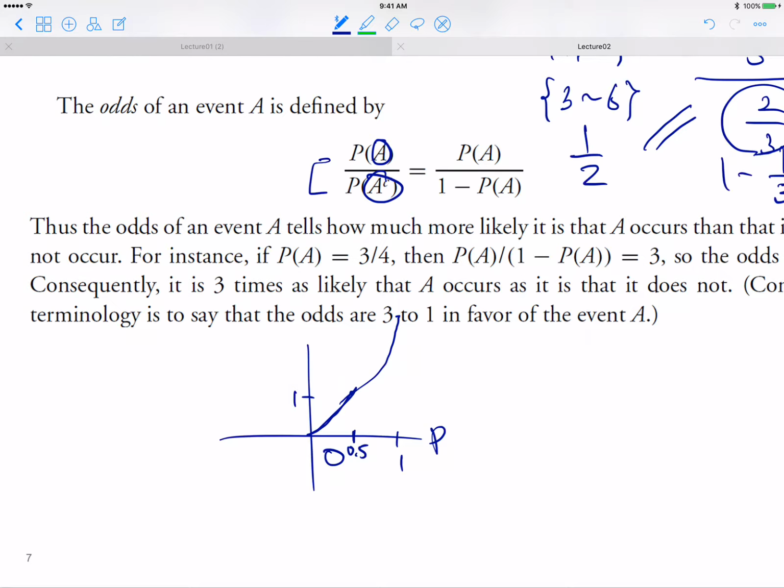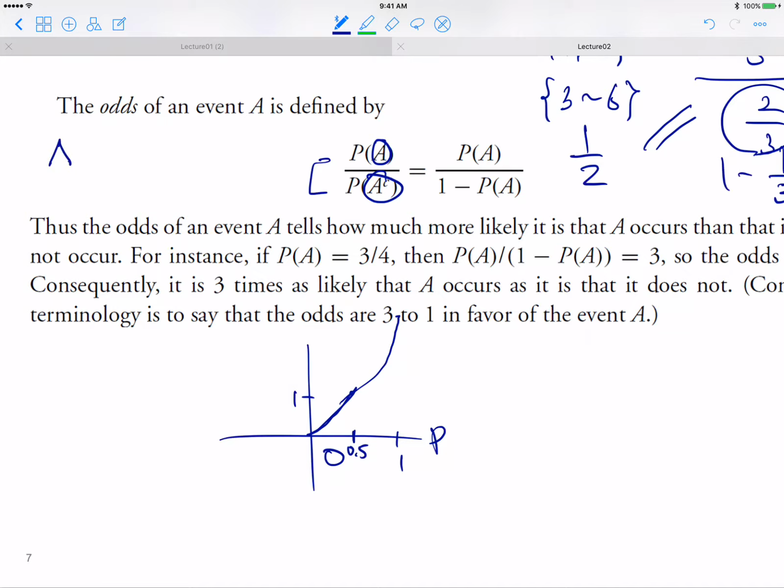So in those gambling contexts or applications, we are not just interested in the probability value itself, but interested in how many times the probability of my winning is compared to the probability of getting defeated.